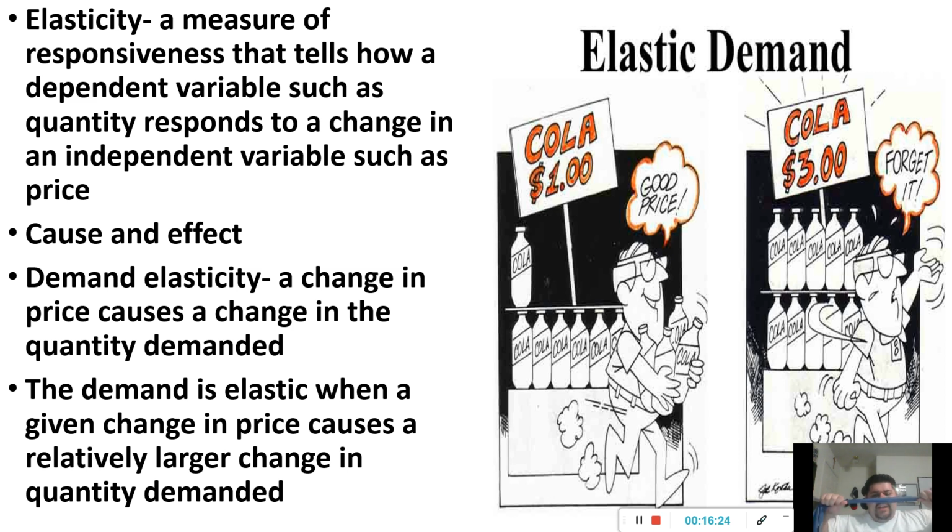When the price is cheap, you're gonna buy a lot. But if the price is really high, none, zero, gone, zilch, nada, nothing. Okay, that's what elastic means. How much you buy varies because of the price.